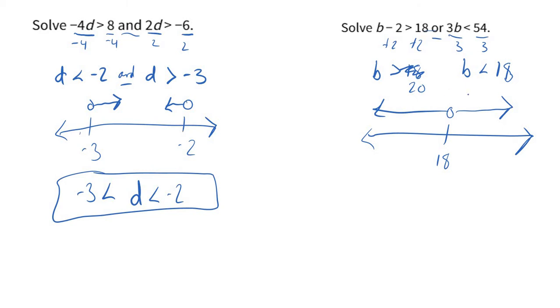So we've got less than 18 right there, and then we've got 20 over here, don't we? So we actually have 20, so just ignore that. Sorry about that. So it's everything this way or everything this way. And so we could just say, b is less than 18 or b is greater than 20.